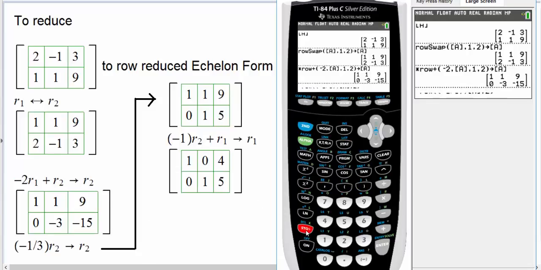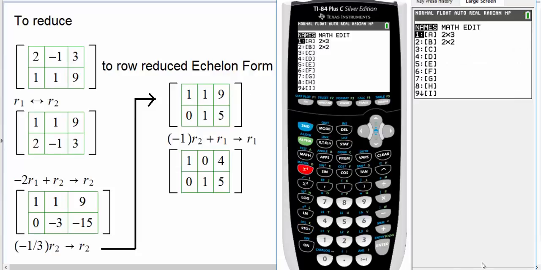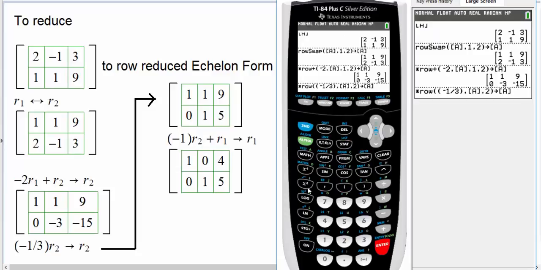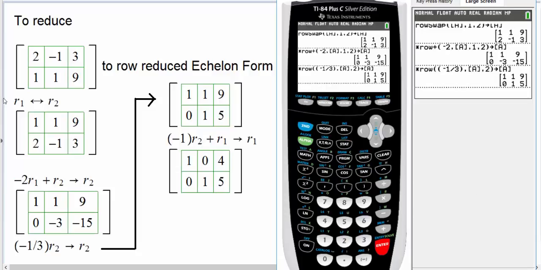And then we will store that as our new matrix A. When we do that, we got 1 1 9 and this became 0 1 5 here, right? Now, next we have to transform this to a 0. So we will multiply row number 2 by -1 and then add that to row 1.